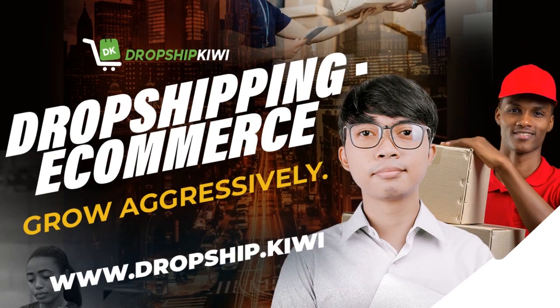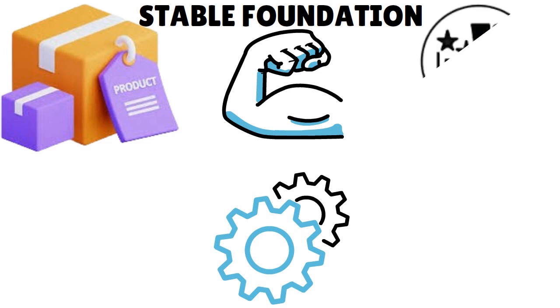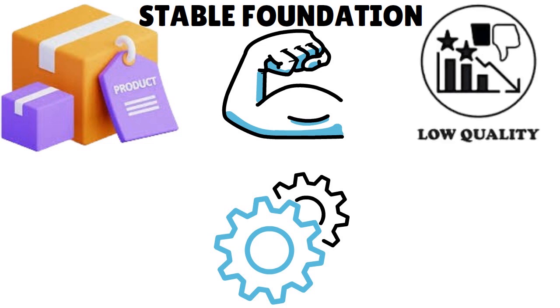When we talk about low cost products that you can dropship, let me give you some of them here. You've got to be really careful, because low cost doesn't have to mean low quality. You can find very high quality products at affordable prices.